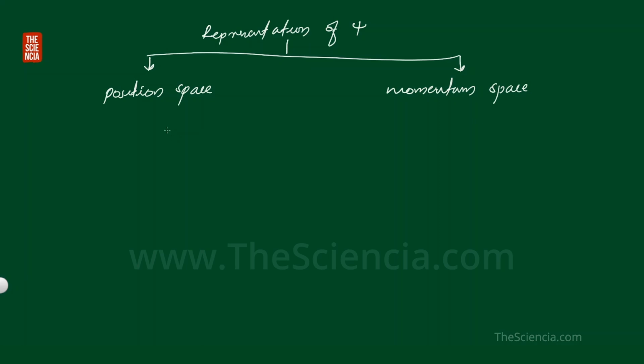That is, the position space is spanned by r vectors, and the momentum space is spanned by momentum vectors. There is an equation to transform from position space to momentum space or vice versa. That we will discuss later. And one more thing, there is the completeness relation.